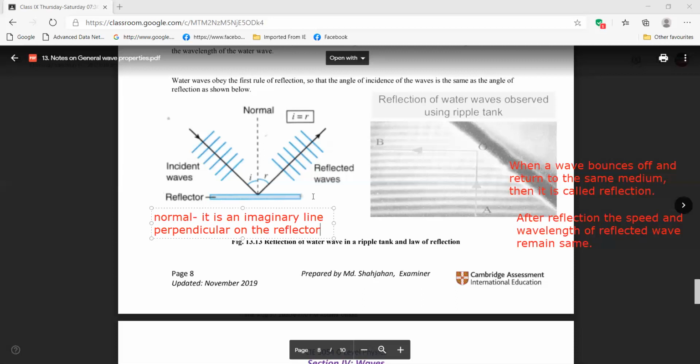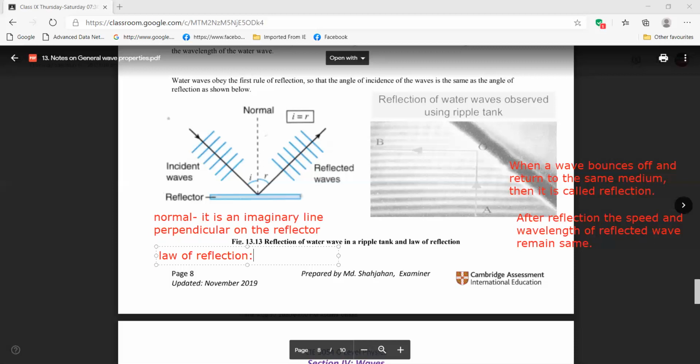Then you write law of reflection. What is law of reflection?